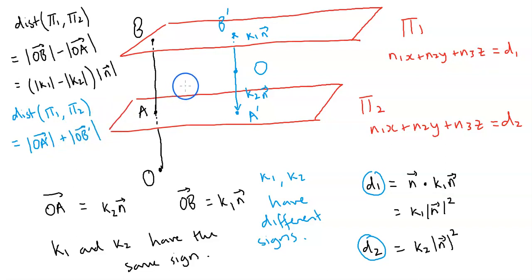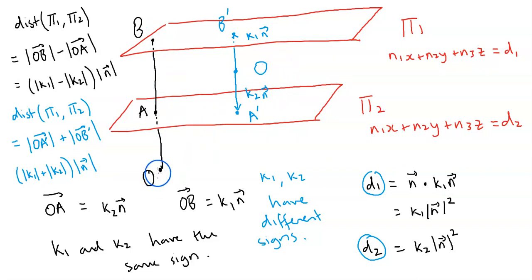And so that would be the modulus or absolute value of K1 plus the modulus or absolute value of K2 times the length of the vector n. So that's how to find the distance between two planes.